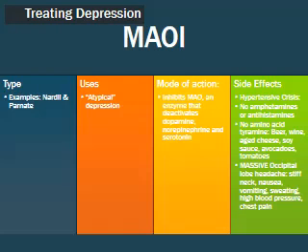The MAOIs include Parnate and Nardil, and they work by deactivating dopamine, norepinephrine, and serotonin. This is particularly useful for atypical depressions that are non-endogenous and have more reverse vegetative symptoms, interpersonal sensitivity, anxiety.